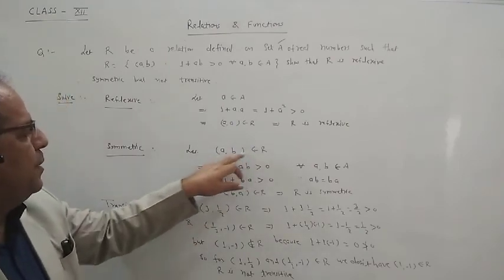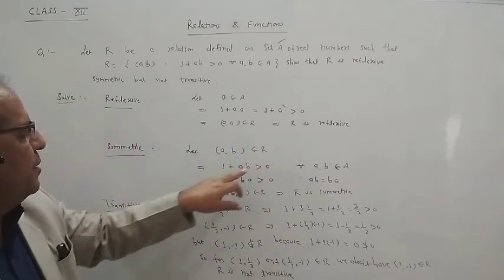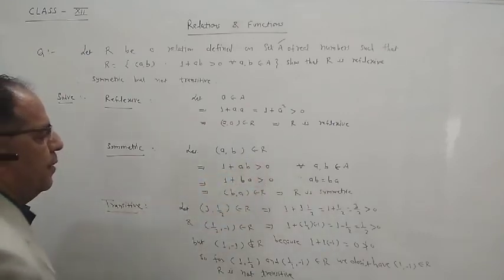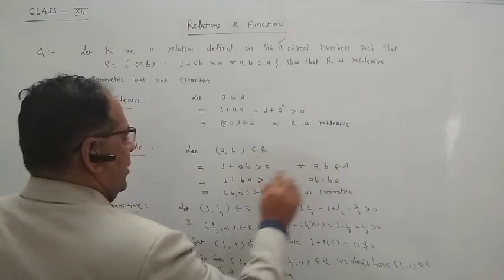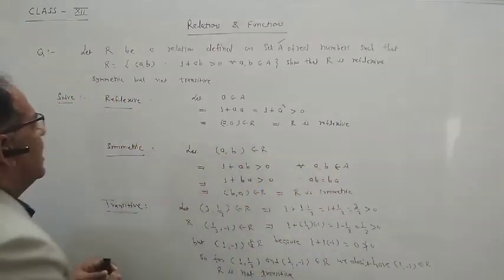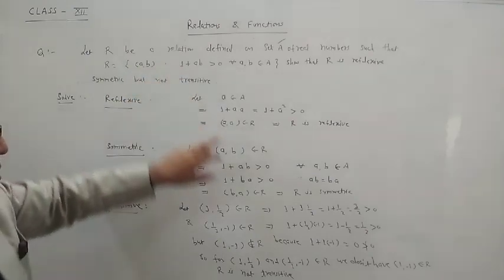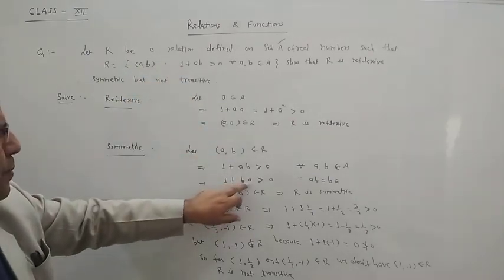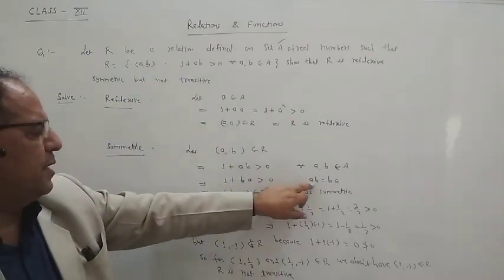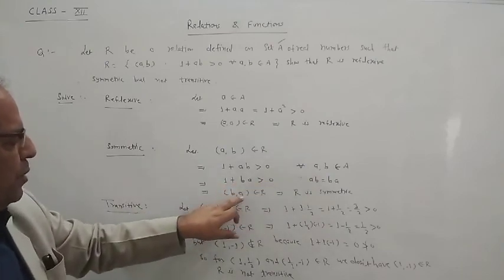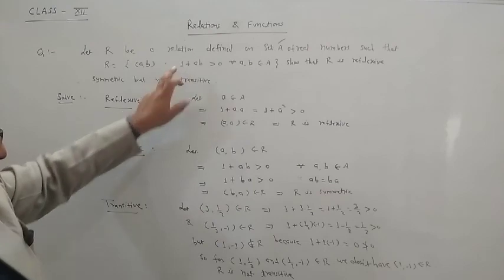Let (a, b) be an ordered pair of R, satisfying the condition 1 plus ab greater than 0, because (a, b) is an element of this relation. So it certainly satisfies this condition. This can be written as 1 plus ba, because real numbers are commutative. So 1 plus ba greater than 0. So (b, a) belongs to R because it satisfies this condition.